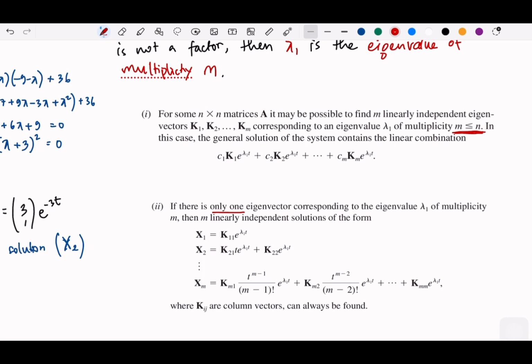I think for the exam the maximum is maybe 3 by 3. But if it's more, like 5, we can have multiplicity 2, or 3, or 4, or all 5. If we have only 2 or 3, then we can stop at some point, and the others will be the usual solutions, like the distinct eigenvalues. This only happens with repeated eigenvalues.